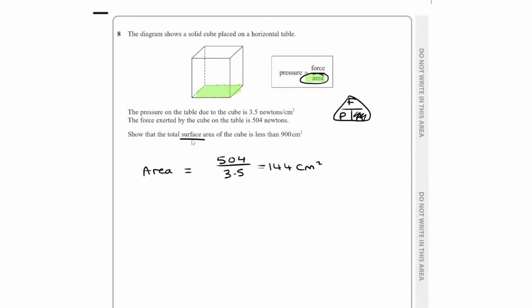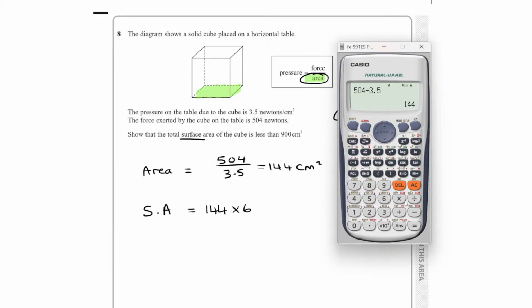The surface area of a cube is all of those faces added together. Because it's a cube, all of the faces are the same. So each of them is 144 centimetres squared, and there's 6 of them, aren't there? 6 faces. So the surface area would be 144 times 6. So just don't forget to do that last bit there.